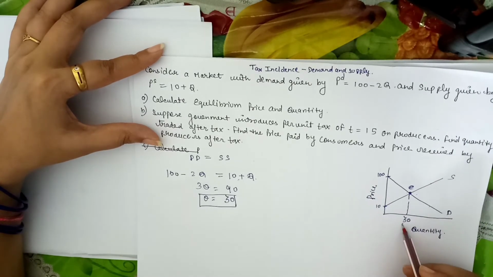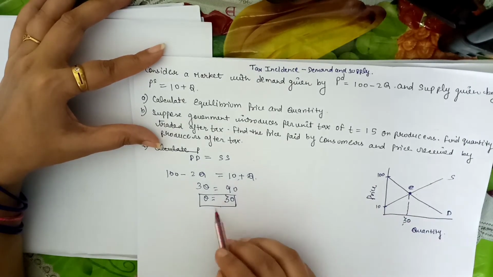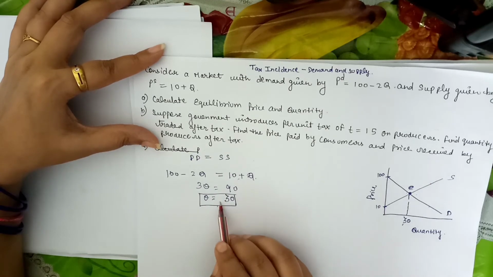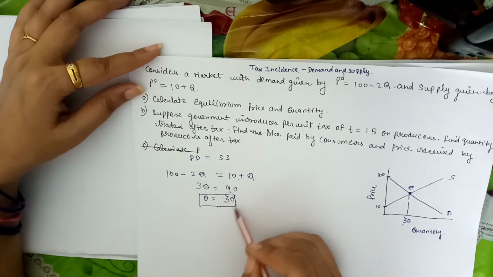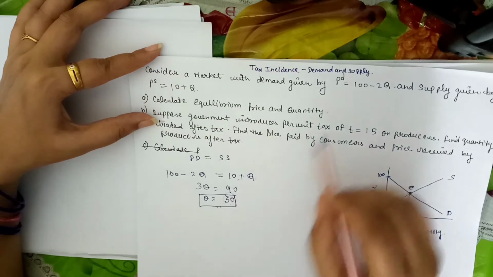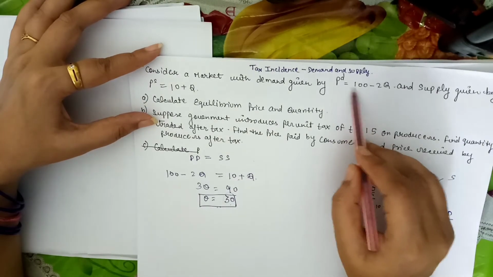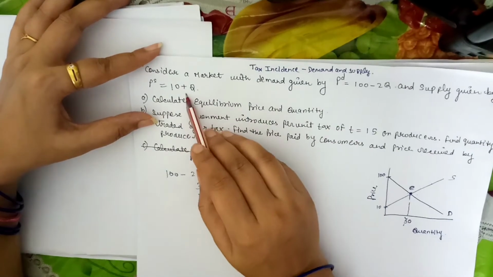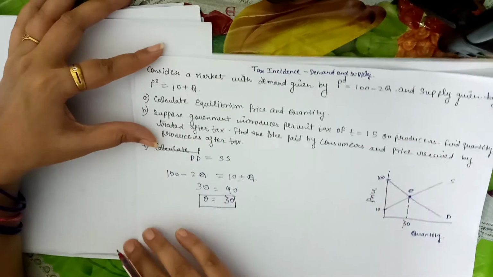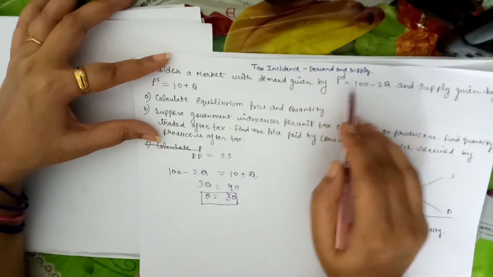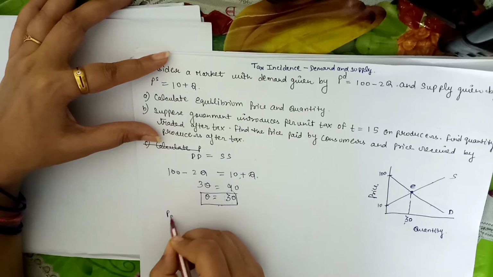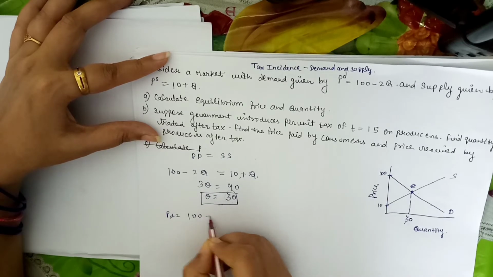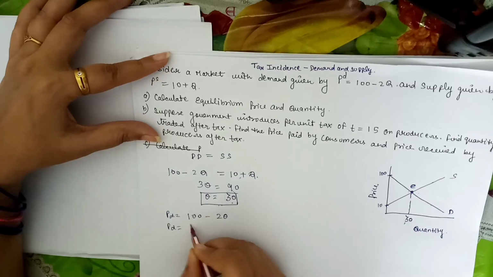It is the equilibrium quantity, and from here we will calculate the equilibrium price. For equilibrium price, we will substitute this value in either of the equations, either in the demand curve or in the supply function. So I am substituting here. Our demand function is 100 minus 2q, and q we have calculated as 30.